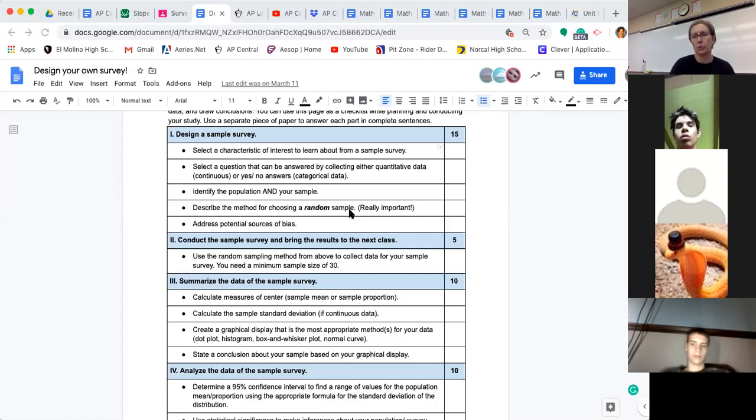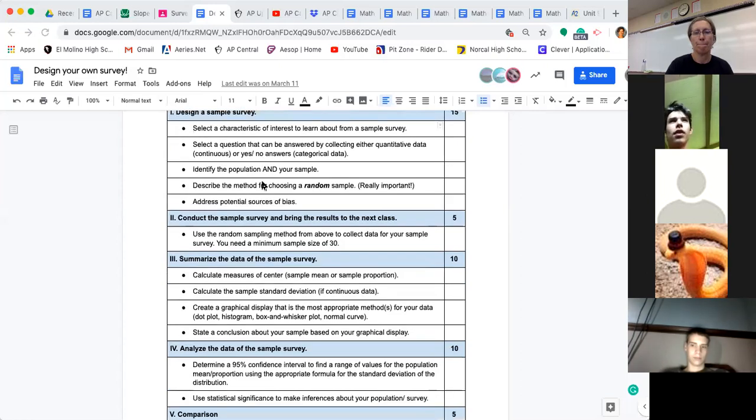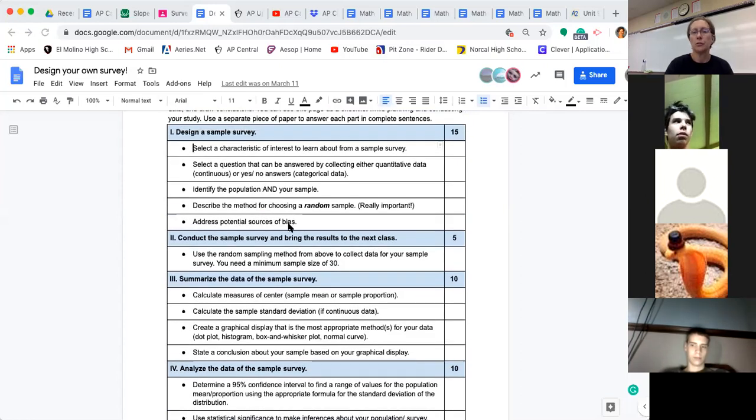I don't know if there's some reason why those people responded to your survey that may have created some bias in their vote. So I still have to address it, even if there wouldn't be any? If there is some sort of bias, then you should address it here. If you don't think there is, then you should say there wouldn't be any source of bias. Okay.